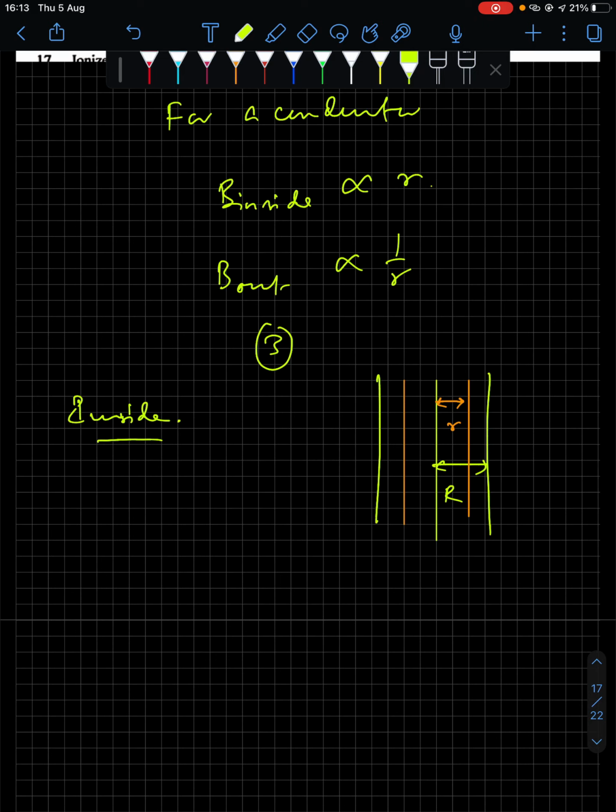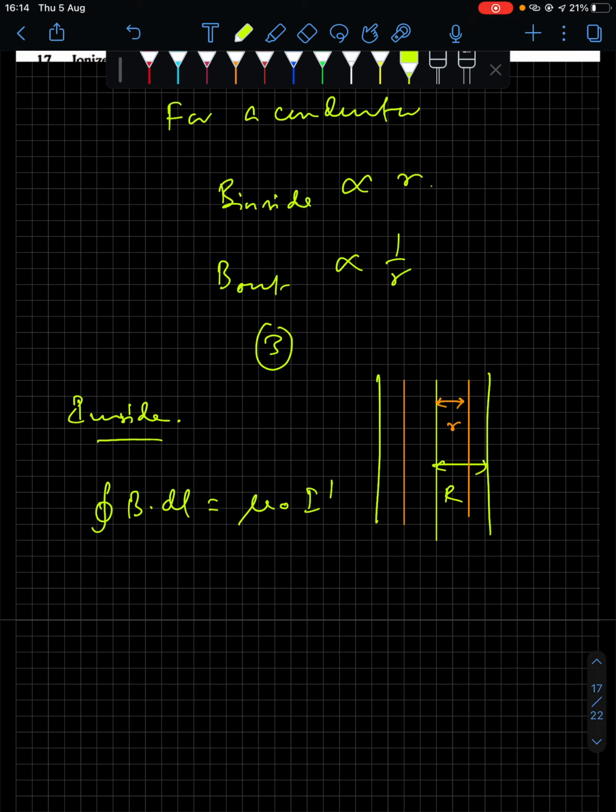Therefore what will be the current carried by this section, I mean the cross section of small r? That will be current per unit area into this cross section area. So firstly you'll apply Ampere's circuital law: integral B dot dl equal to mu naught I prime.